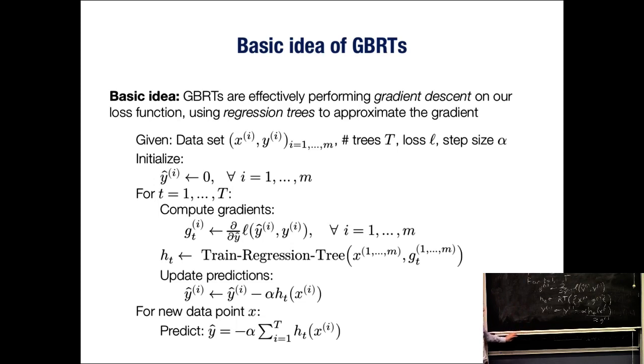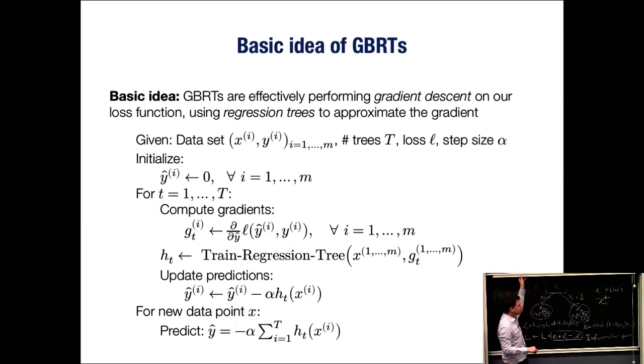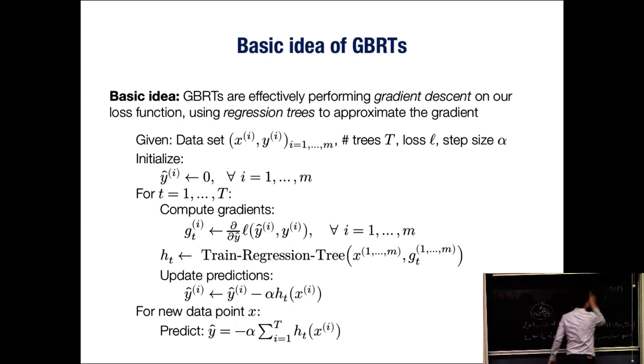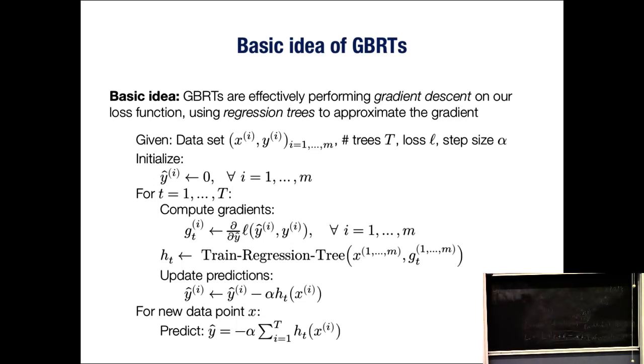When I want to make a prediction now, and this is the interesting point where it gets kind of crazy, what I do is I take my new example x, and I just compute all the trees.